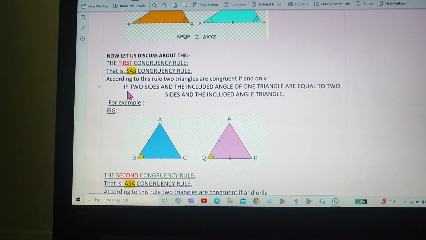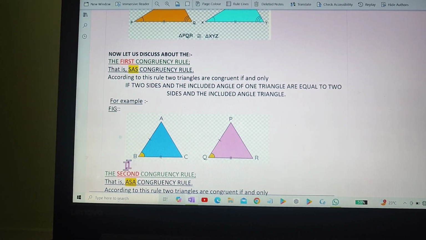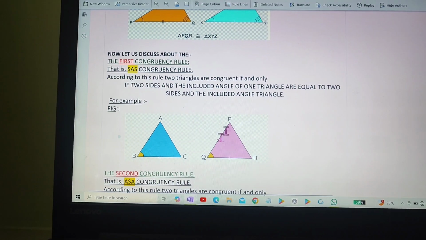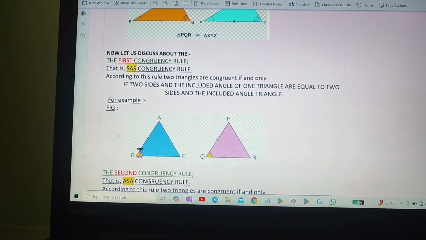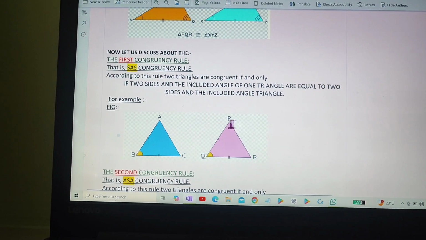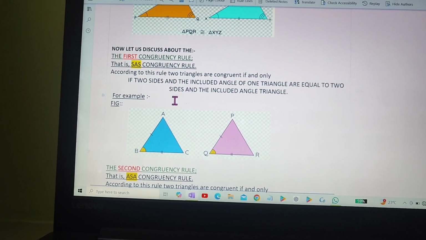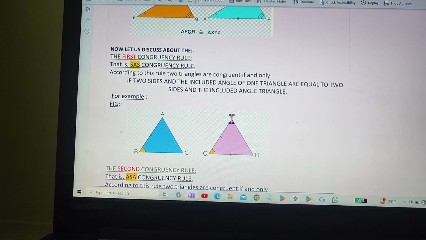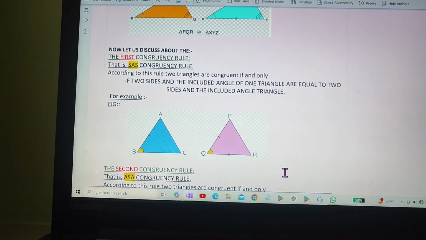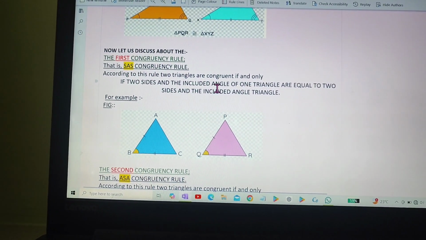As we can see here, the angle between sides AB and BC is angle B, and the angle between these two sides is angle Q. Therefore, triangle ABC is congruent to triangle PQR as per the SAS congruency rule.